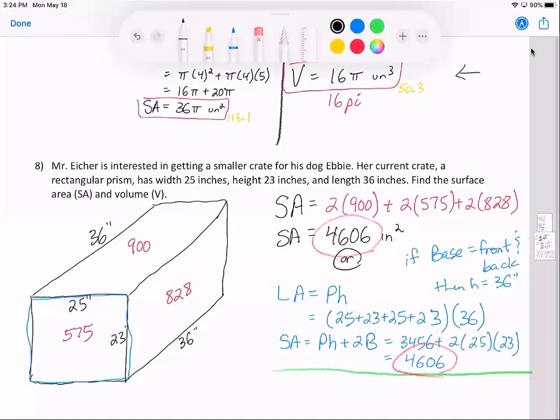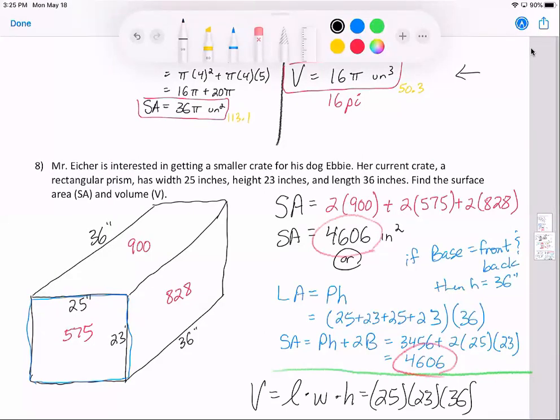Lastly, we just need the volume. The volume is, since it's a prism, just length times width times height, which is 25 times 23 times 36. Not that that's really the length, the width, the height.